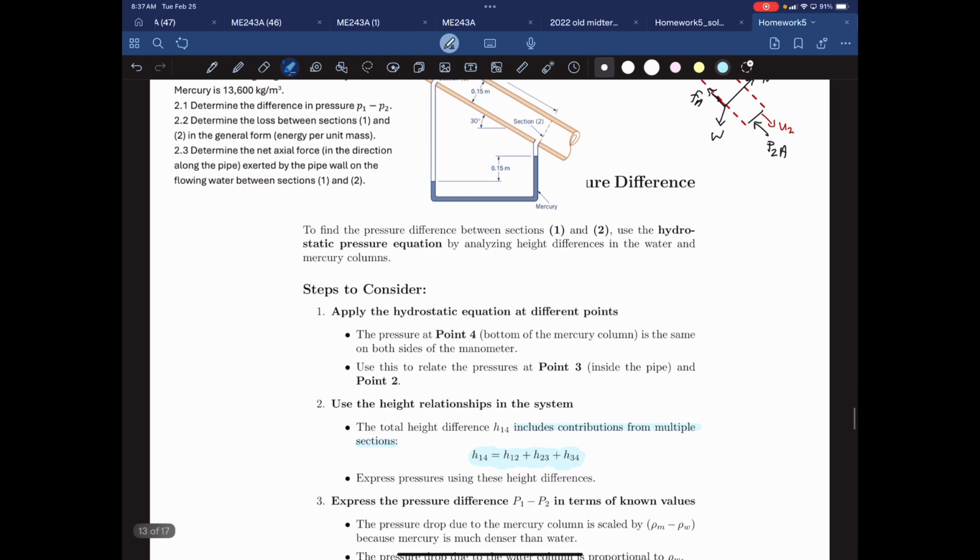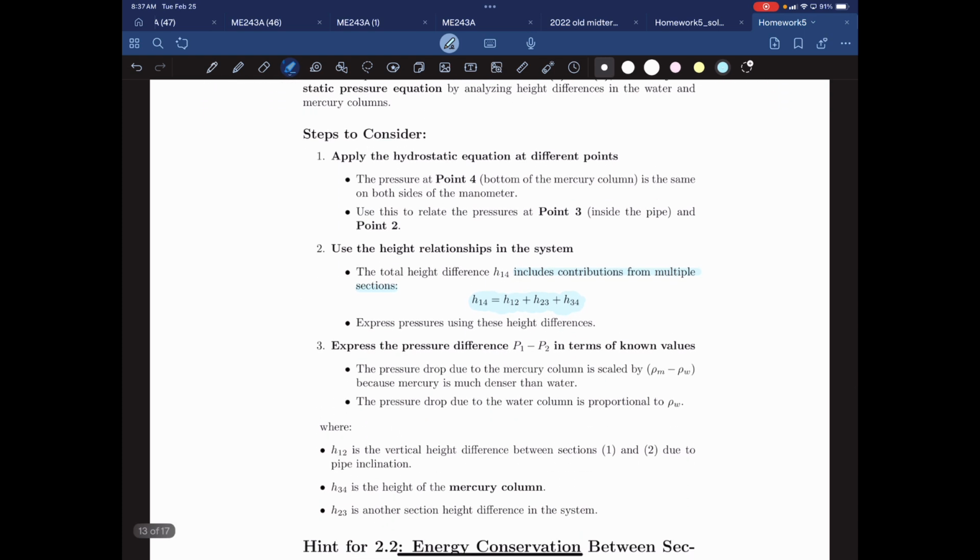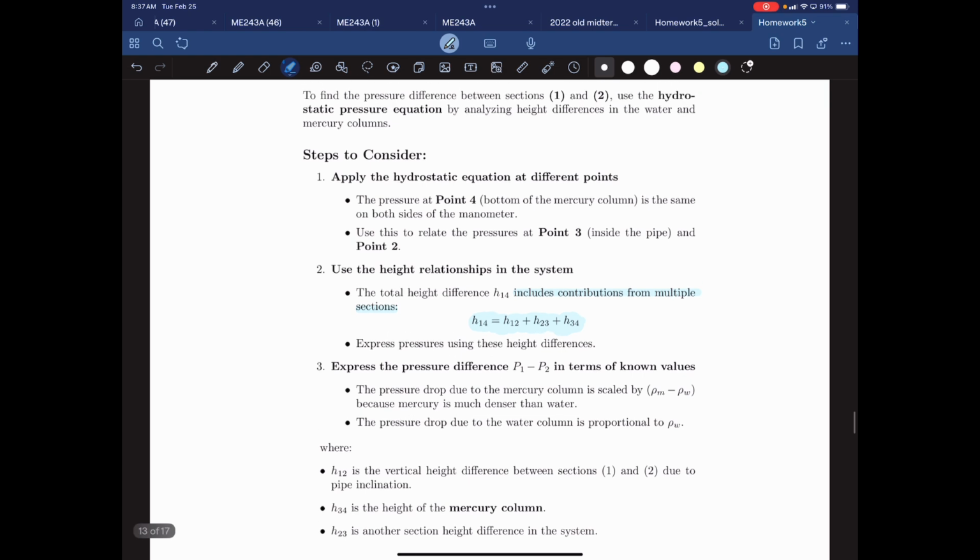Okay? Height 1, 2 is the vertical height difference between sections 1 and 2 due to the pipe inclination, height H34 is the height of the mercury column, and H23 is the height difference of the other section in the system. Another important note is that the pressure drop due to the mercury column is scaled by rho m minus rho w, and the pressure drop due to the water column is proportional to rho w.